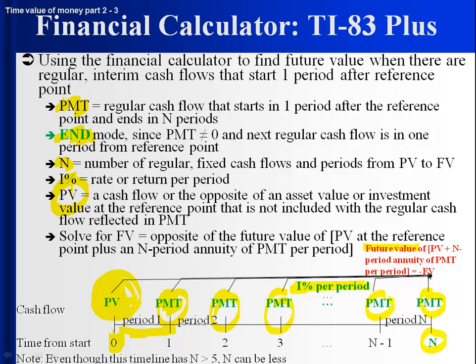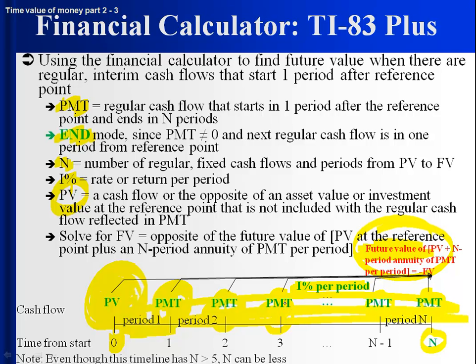You can think that the value of money already in my account is positive, and so PV, because it's so funky, is going to be the opposite of that. Another way to think about it is that the more money I have here, the more money I'll have out here, and the more money I put in, the more I'll have here. So we want the sign on PV and PMT to be the same because they're both working in the same direction. Then you go ahead and solve for FV, and it will tell you the future value of all of these cash flows at this point in time, compounded by I%.